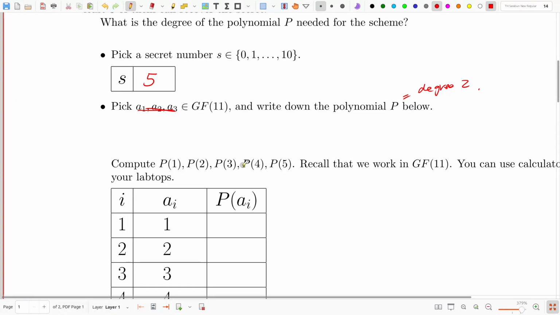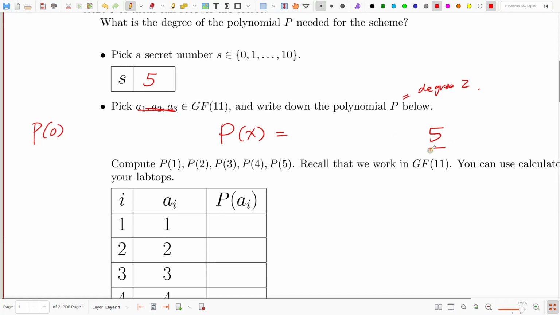So P has to be of the form P(x) = 5 + ..., because the other terms will have x in them. When you evaluate P(0), you only get 5. And we want degree 2 because we want to give your friend 3 points, so that 3 people will be able to come together to recover the message.